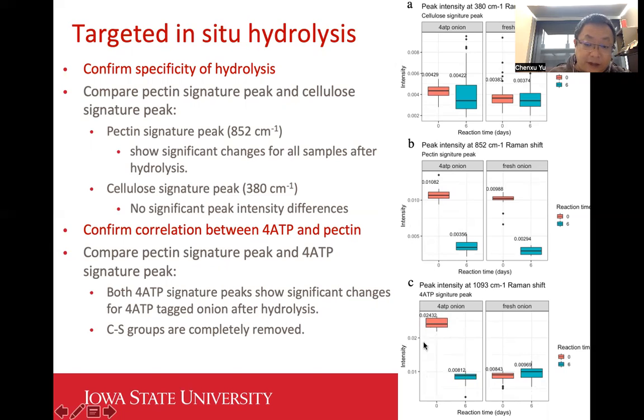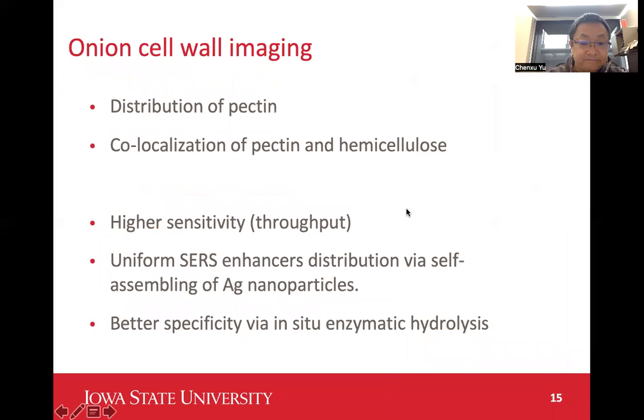So higher change means we have a better chance of identifying those changes in the images to create the image that we need to analyze the localization pattern. And so those are the background of what we're doing and what the methodology is.